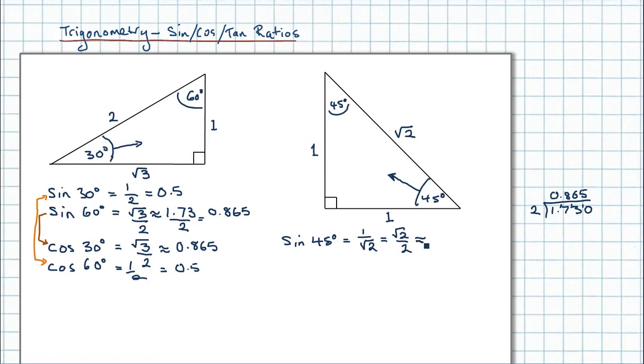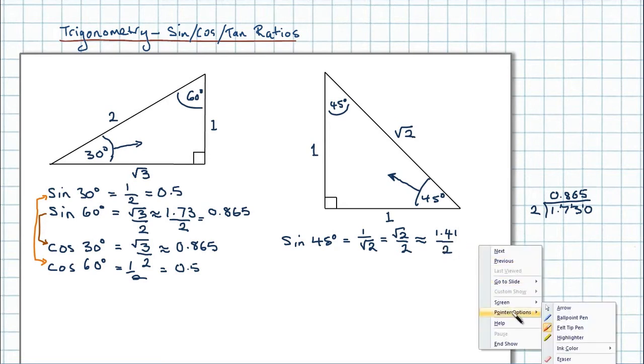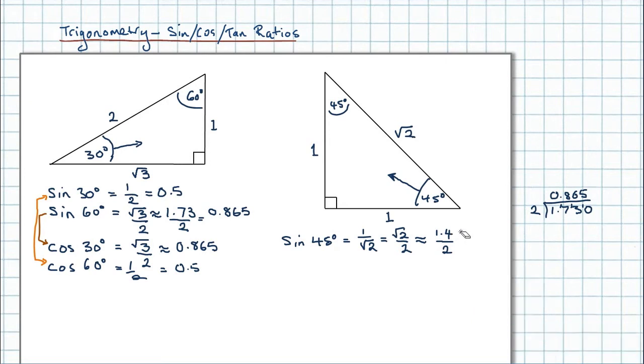and we can convert that to decimal. It's going to be approximately equal to 1.4, it's something like 1.41, I think, divided by 2. And let's just leave off the 1 because we're only going to get an approximate value.